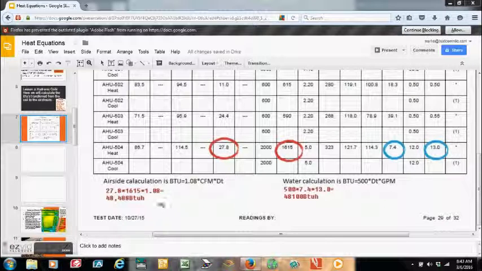On our water calculation, we have a differential temperature of 7.4 times our 13 GPM times our correlation factor of 500 equaling 48,100 BTUH. So this is showing a pretty even exchange of heat. You can check those numbers if you would like. There is a little time before we flip to the next slide.